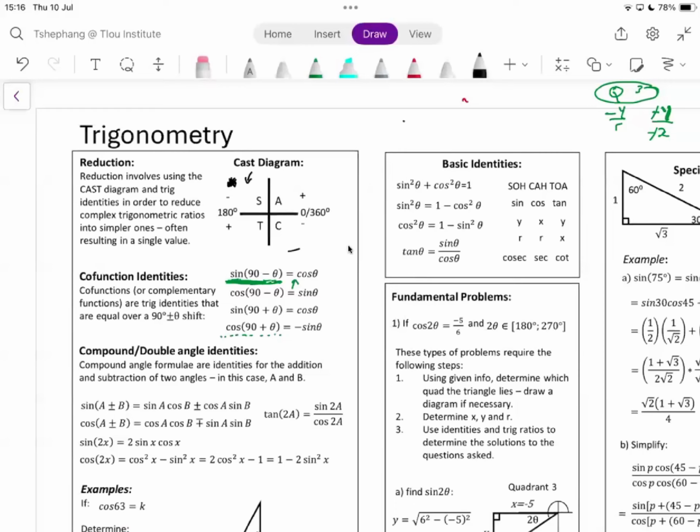Now we know we're dealing with 90 plus, so it must change because it is a co-function. It's going to change to sine. And that's how we deal with it. The order is very important. Otherwise, you end up making some mistakes. So make sure that you do it in the correct order.